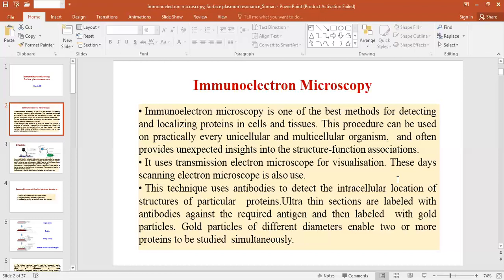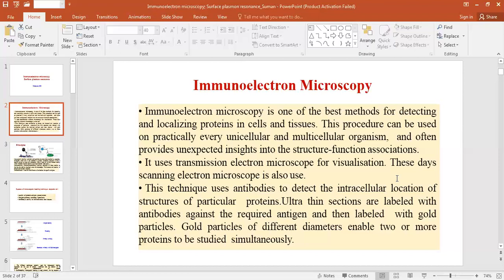So this particular procedure can be used on practically every unicellular and multicellular organism, and often provides unexpected insights into the structure function association. This technique uses the transmission electron microscope for visualization, and in current days, scanning electron microscopes are also in use.